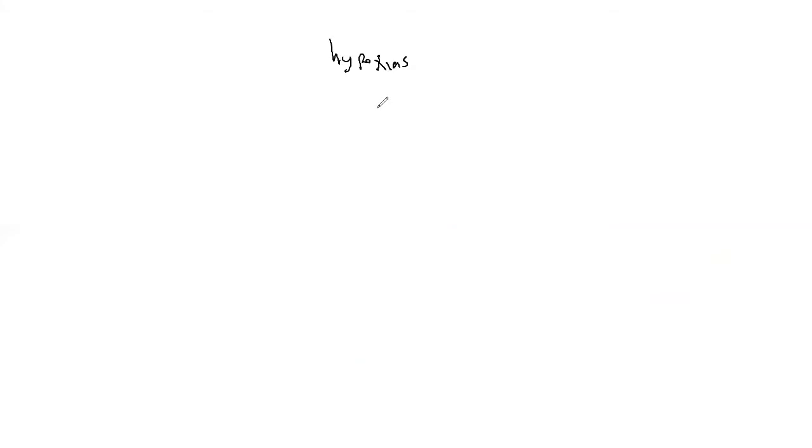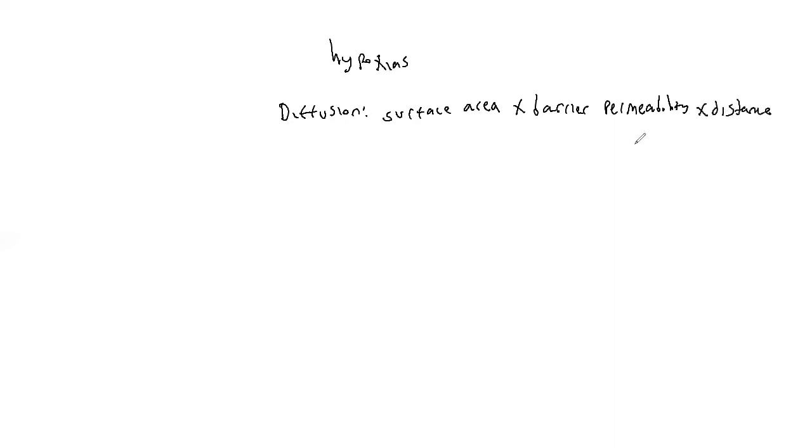So what determines proper diffusion rate? Well, diffusion is a property of the following. It is surface area, and I'm not going to have you do any calculations, don't worry about that. It is surface area combined with barrier permeability, meaning how permeable are the alveoli, and also distance. So these are the three factors that affect gas diffusion.